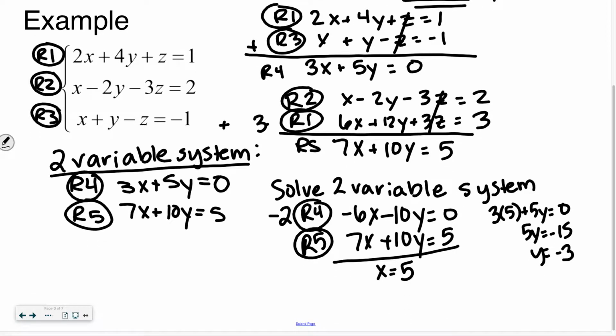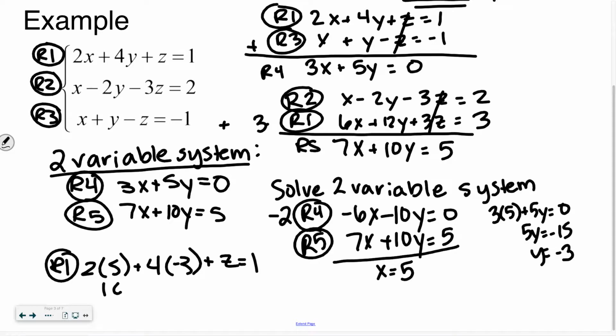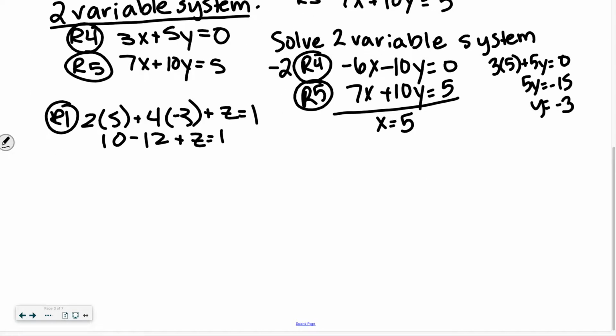So I'm going to plug into row 1. So I have 2 times 5 plus 4 times -3 plus z equals 1. So that's 10 minus 12 plus z equals 1. And what do we get? Z equals 3. Okay.